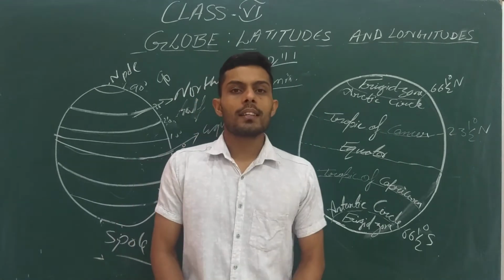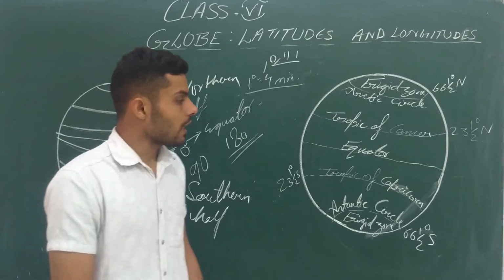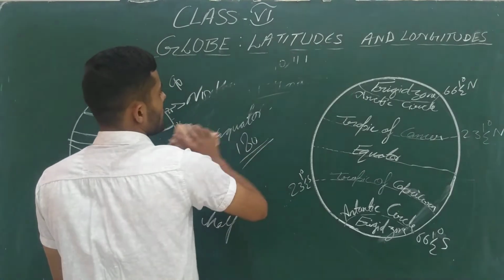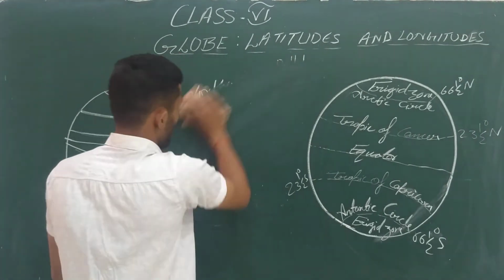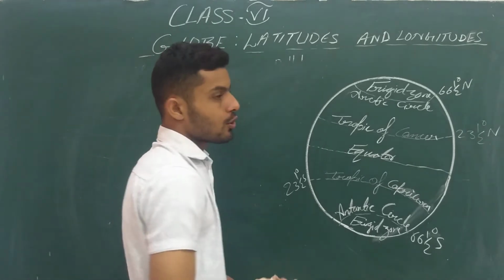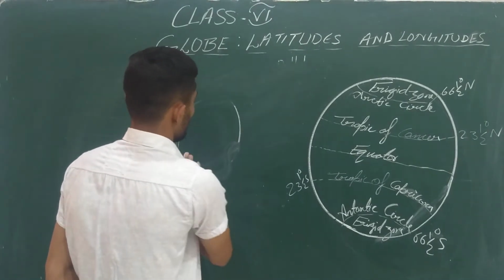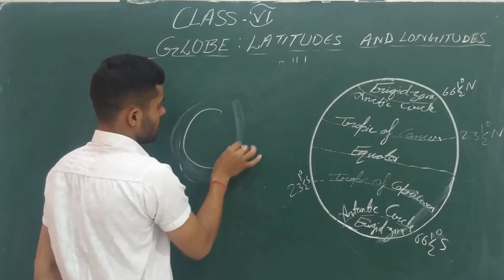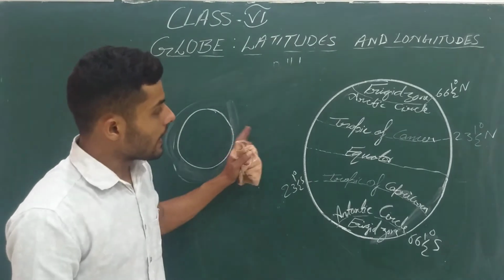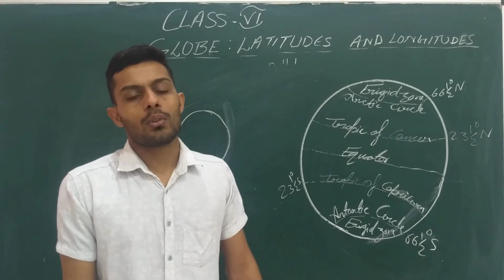Now we also have some heat zones of our earth surface. Heat zones means, suppose we have the sun on this side. When the earth is facing this side, we also know that due to the rotation of our earth, we have day and night.